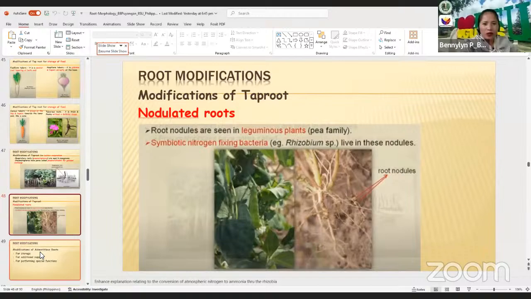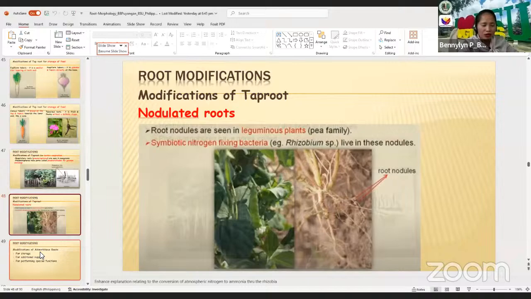Another modification of taproot is the nodulated roots. When we say nodulated roots, root nodules are seen in leguminous plants like the pea family. Symbiotic nitrogen-fixing bacteria like Rhizobium sp. live in these nodules. So the importance of these nodulated roots is the fixation of nitrogen. The N2, most of the nitrogen, is in an unavailable form.